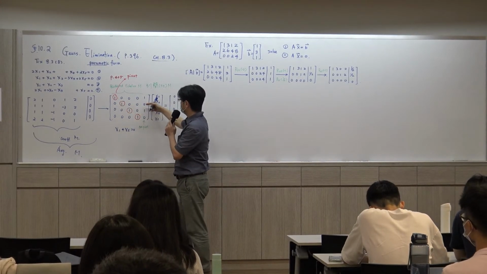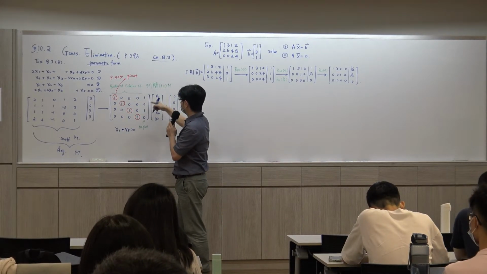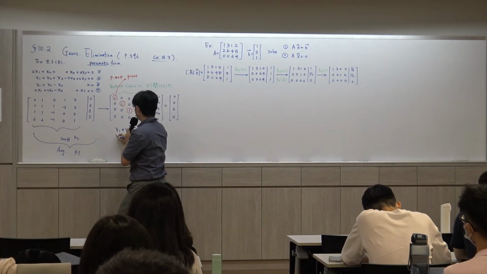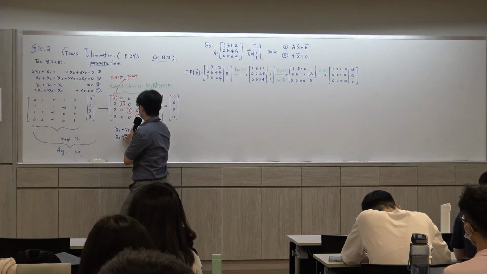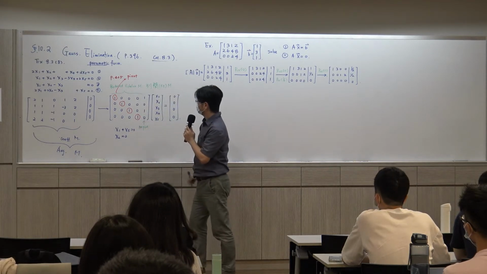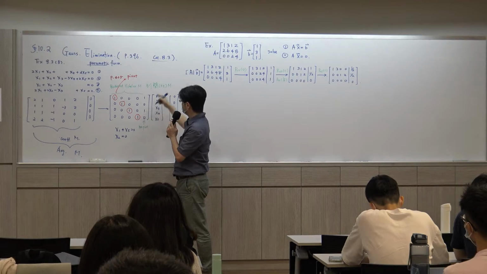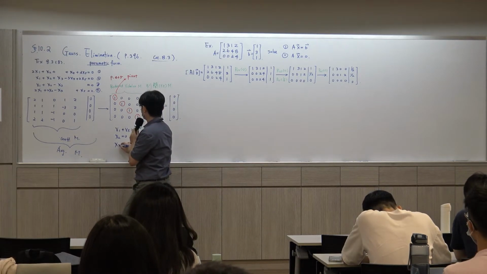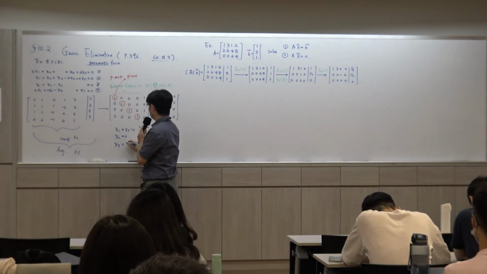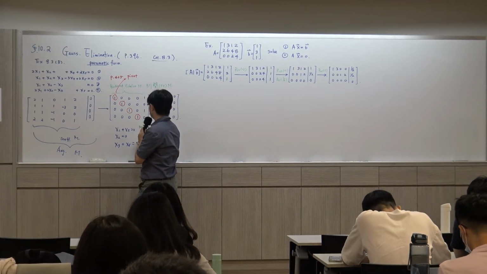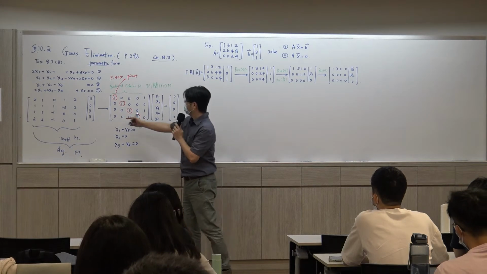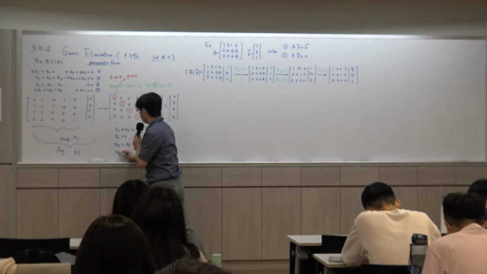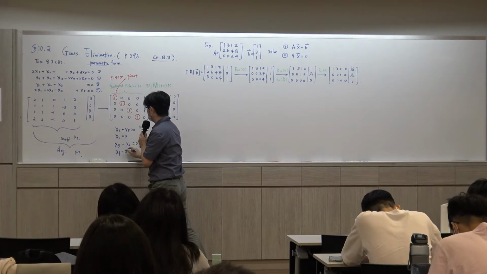The second row times this column, we can have S2 equals 0, right? And the third row times the column, we can have S3 plus S5 equals 0. And the fourth row will have this.